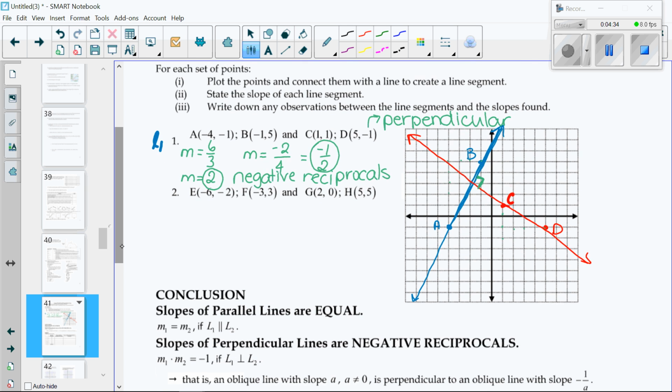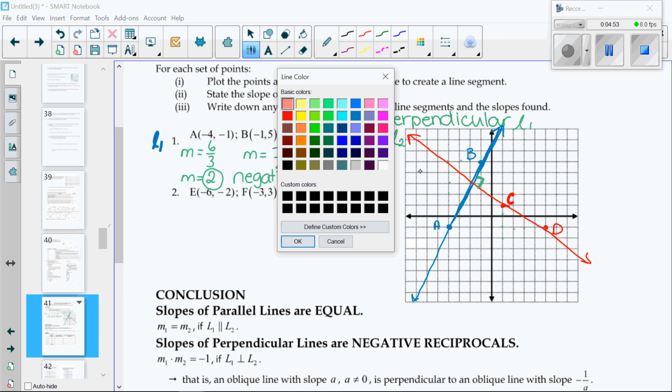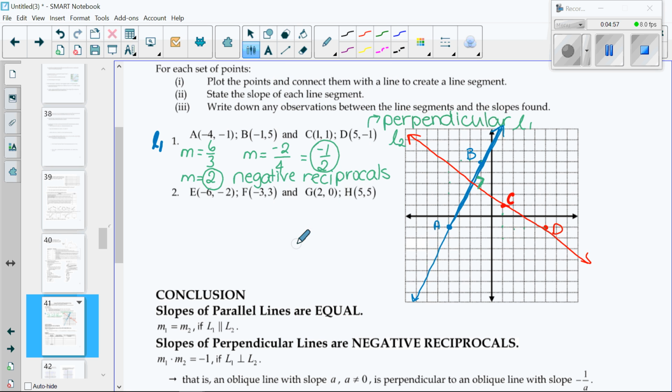Okay, this was L1, L2, line 2. Okay, so now we're going to take a look at EF. So I'm going to pick a color here. Okay. All right, so line EF is at -6, -2. 1, 2, 3, 4, 5, 6, -2.